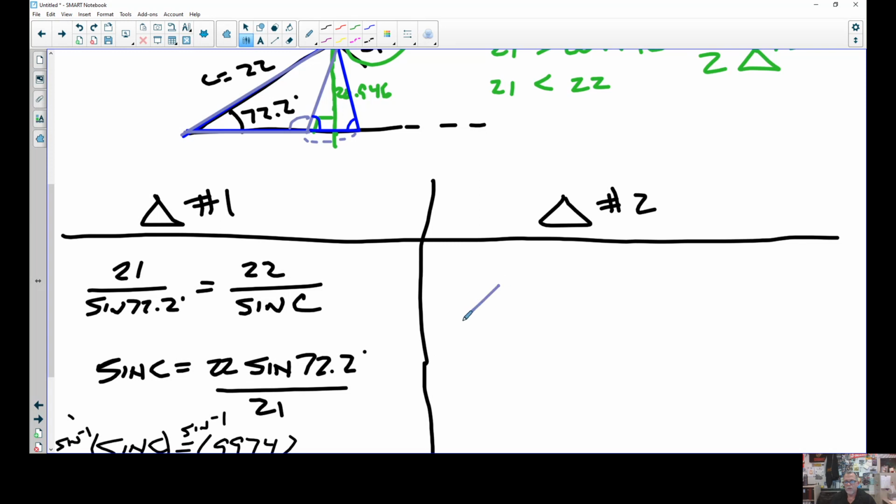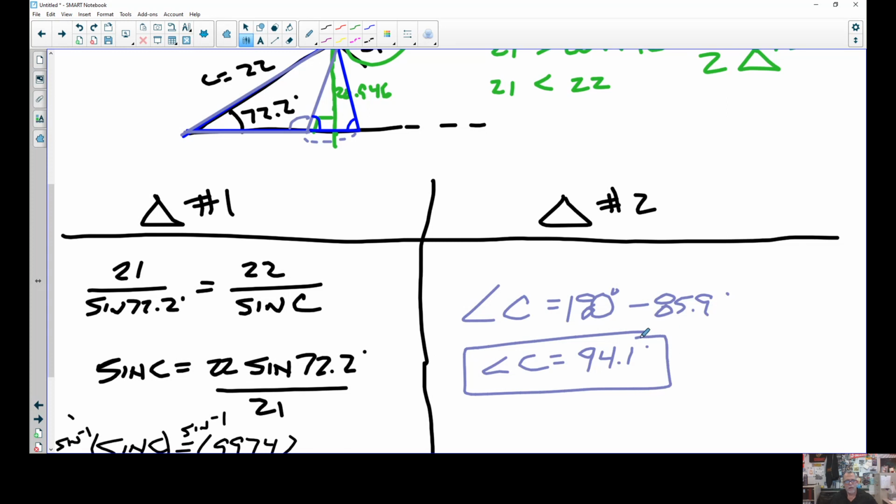So I can solve for angle C in triangle 2 right away by saying 180 degrees minus that angle I just found, 85.9 degrees. So this is going to be 94.1 degrees. And I have angle C for my second triangle.